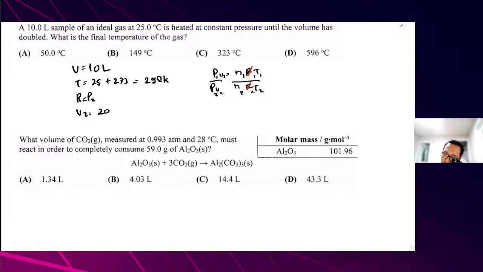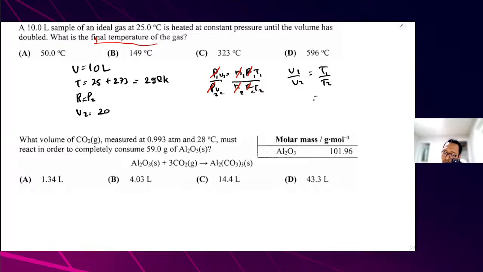The question is about the final temperature, T2. P1 is constant, so we can cancel out the pressure, and we can cancel out the n because the sample itself is the same. So the remaining equation is just V1 over V2 equals T1 over T2. This is Charles's law.